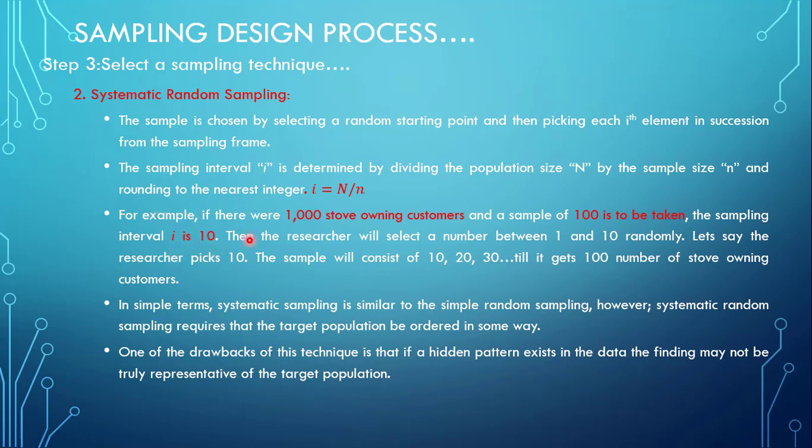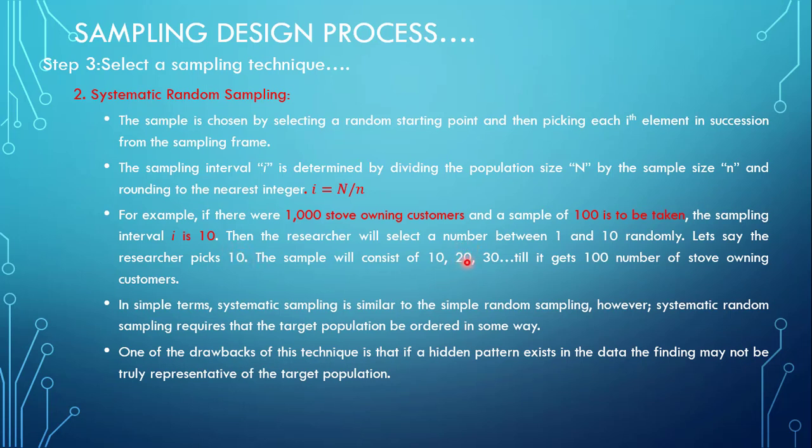So going back to the example, there are 1000 customers as a population. We are going to take 100, so the I value is 10. First you pick a number from 1 to 10 randomly. Let's say you picked 10 as a starting point. Then the customer at number 10 will be included in your research, and then you add 10, and get number 20.